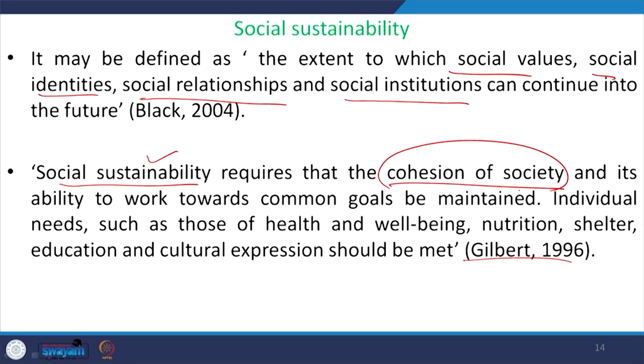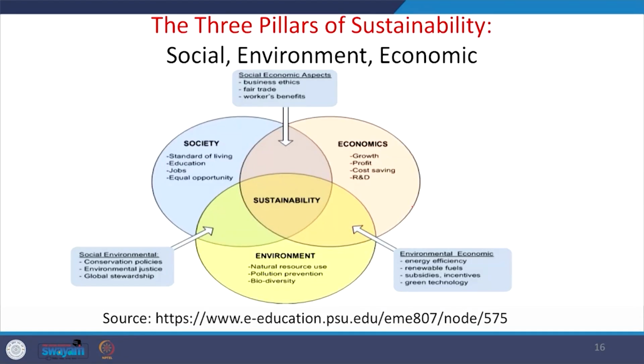So that this cohesion of the society in terms of all these values, they will be working together for achieving the common goals, and as a result the individual needs in terms of health, in terms of education, in terms of nutrition, in terms of shelter, can easily be fulfilled or met.